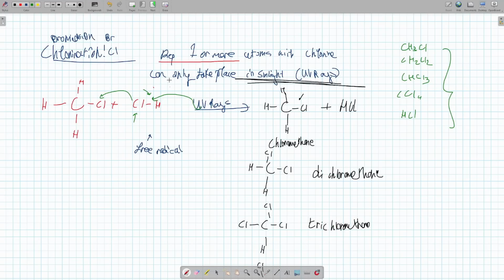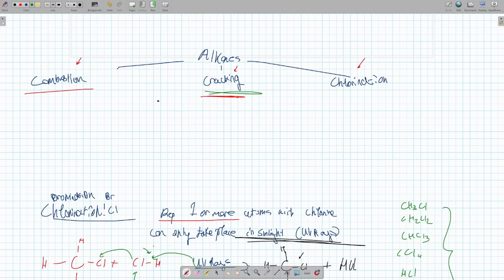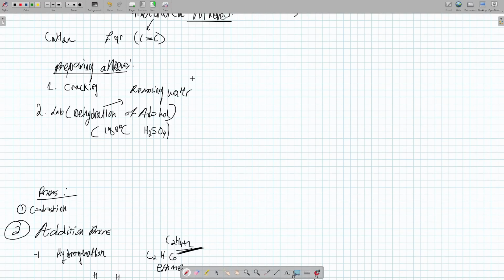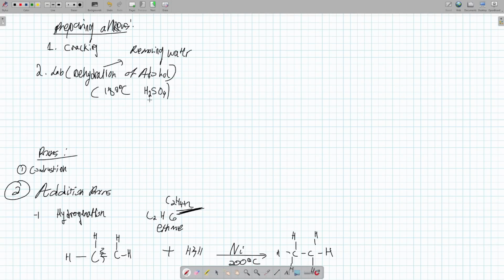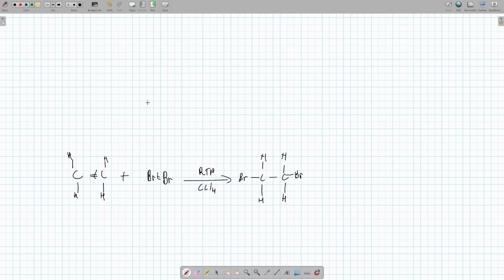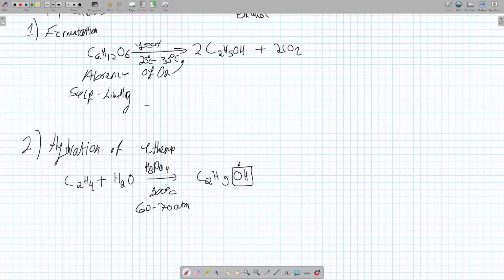When you have a big alkane, you use cracking. Since the alkane is so useless and it doesn't react, we crack it up to form a smaller alkane plus the alkene. Because the alkene is useful, it actually reacts. I mentioned cracking somewhere, yeah. So, oh, I didn't mention cracking. Really?